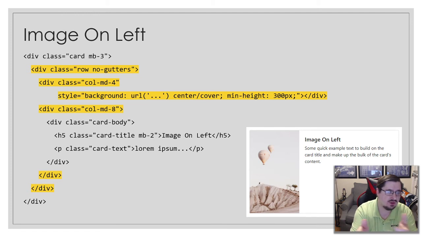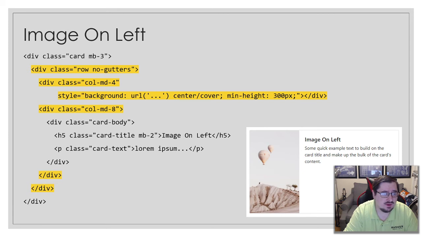And I could adjust those numbers if I want more image and less text. But that's how I would do that if I wanted it 1/3 and 2/3. I could flip that around and say maybe I want column MD8 on the left, and that would give the image 2/3 of the space and the text 1/3. But that really depends on what kind of content you're putting in there and whether the image is more important than the text or the text more important.